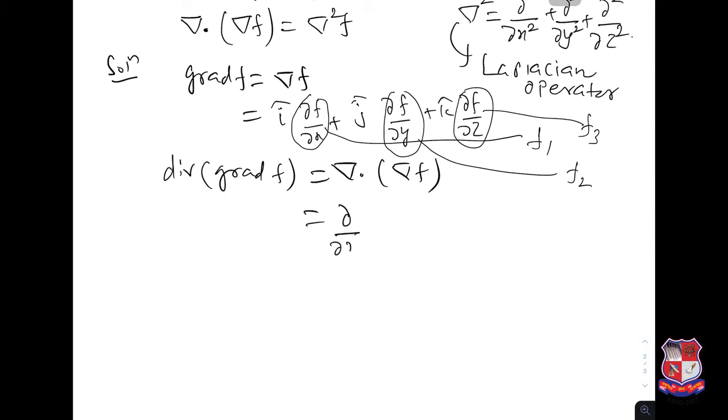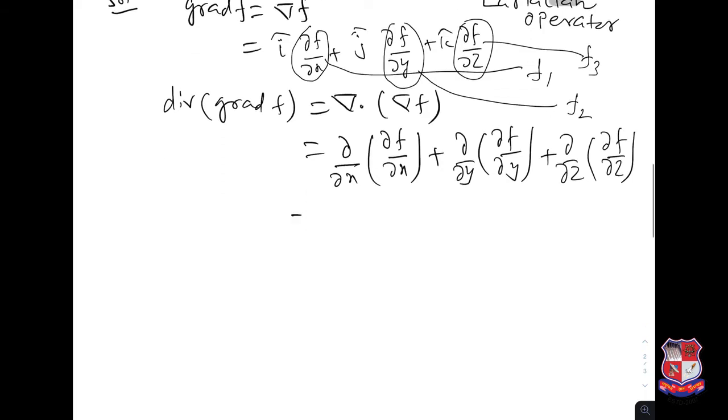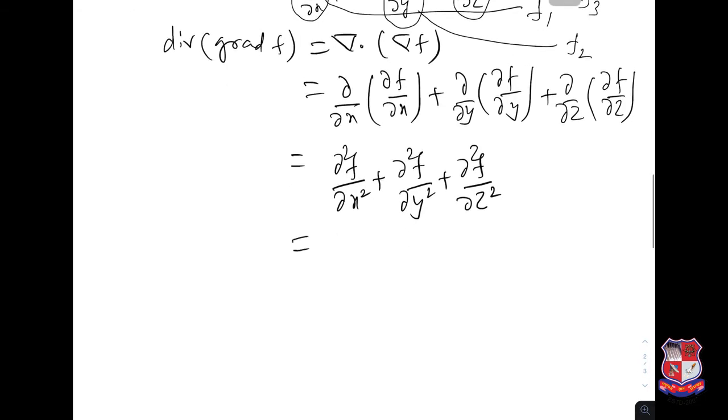This is del by del x of first component, and first component is del f by del x, plus del by del y of second component, that is del f by del y, and plus del by del z of third component, that is del f by del z. And so this is del square f by del x square plus del square f by del y square plus del square f by del z square, and that is nothing but operator del square f.